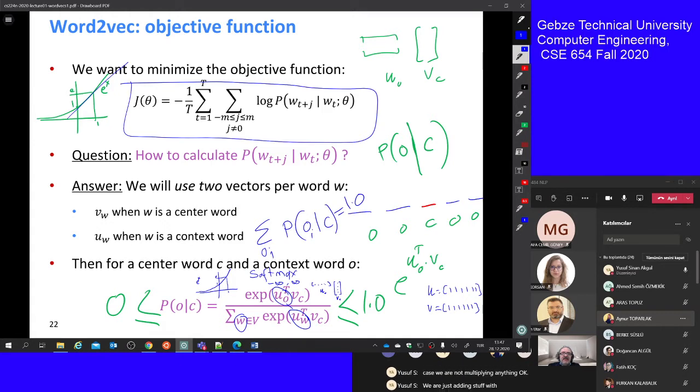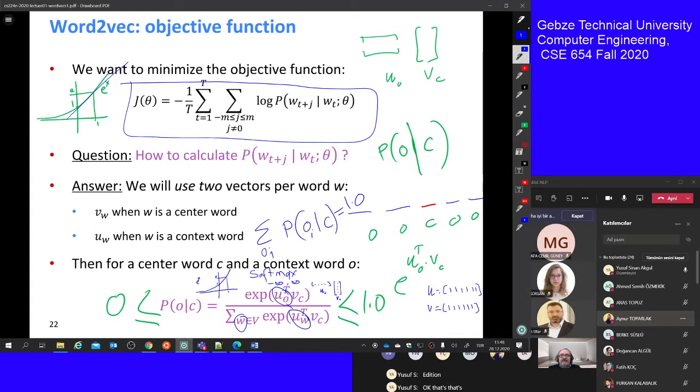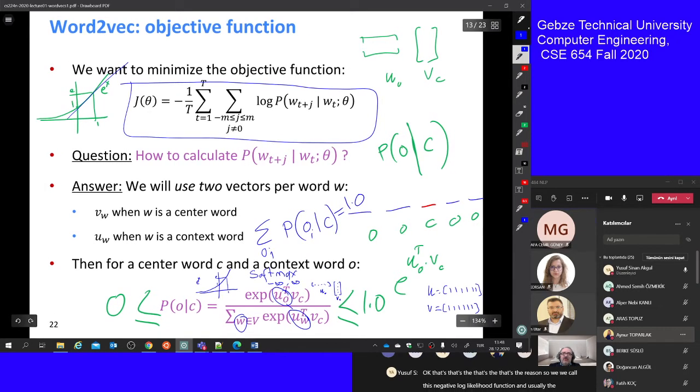With the addition of the probabilities, we don't have an underflow problem. We take the log of this probability because we like to dampen the effects of sudden peaks in the addition. That's the reason. We call this the negative log likelihood function, and usually we do it that way.